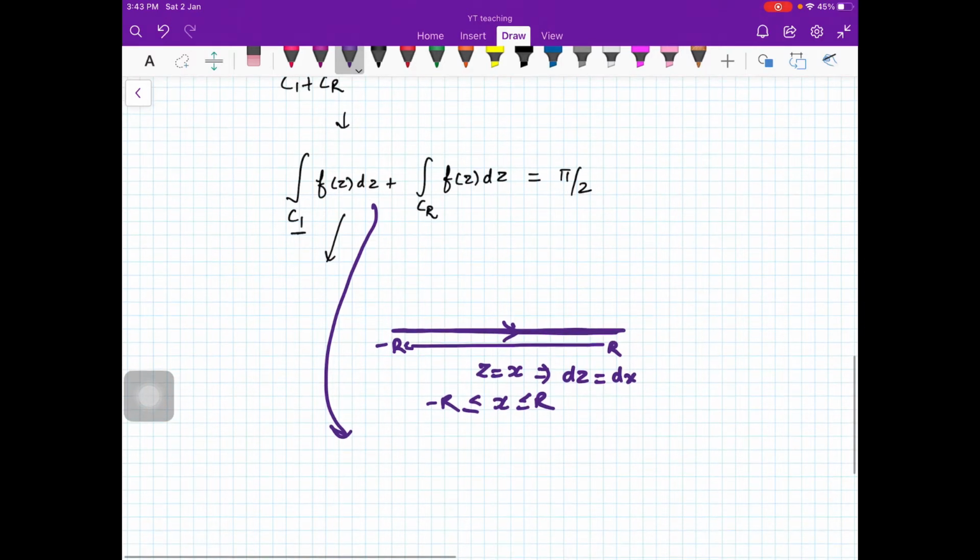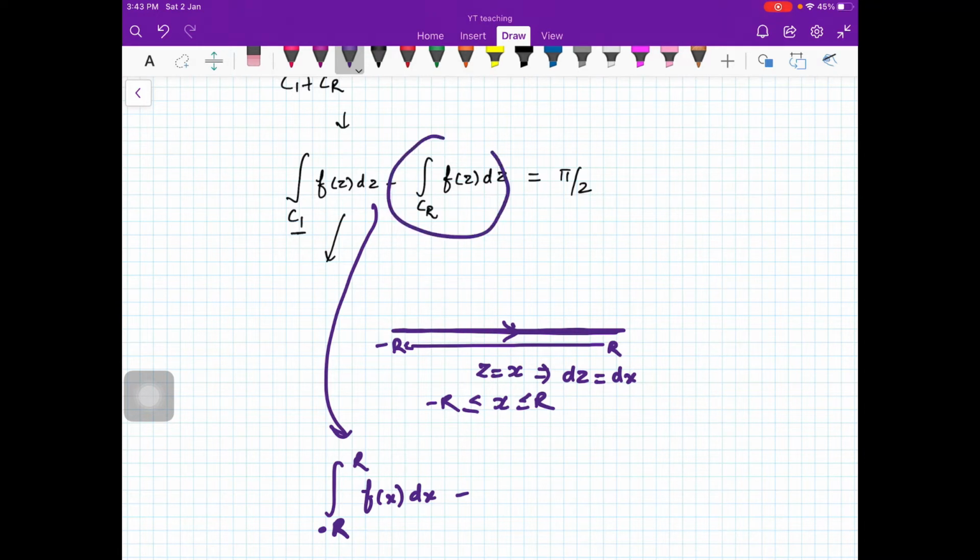So this integral becomes the integral from minus R to R of f(x) dx, because in place of z you will put x, plus this integral as such, along CR of f(z) dz, is equal to pi by 2.